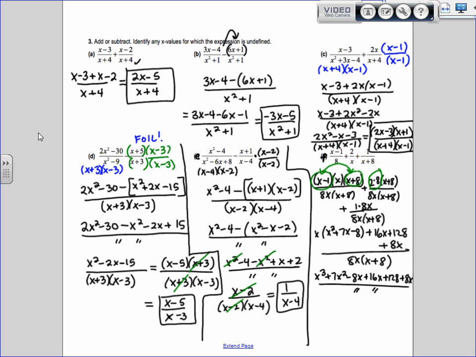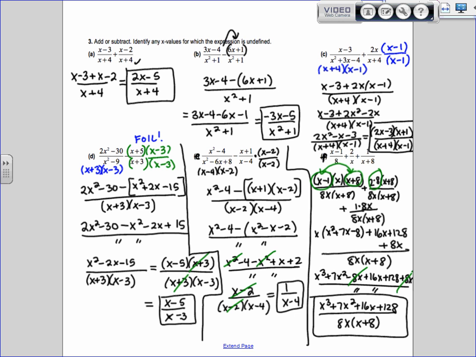And a couple of these things will go away. The negative 8x and the positive 8x go away. That's it. So I get x cubed plus 7x squared plus 16x plus 128 all over 8x times x plus 8. That's your answer.